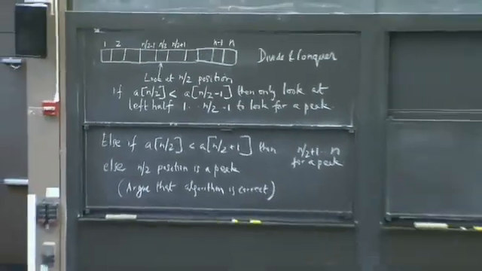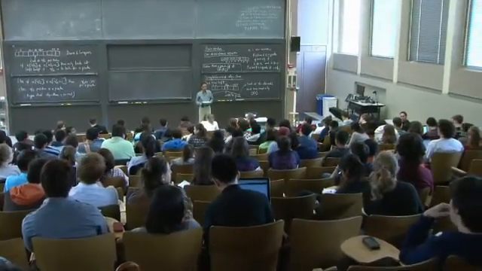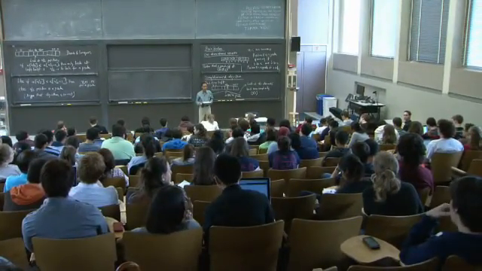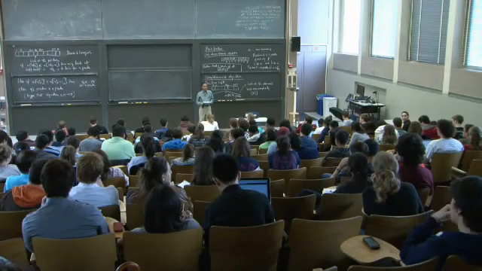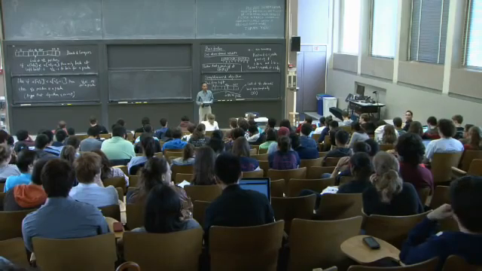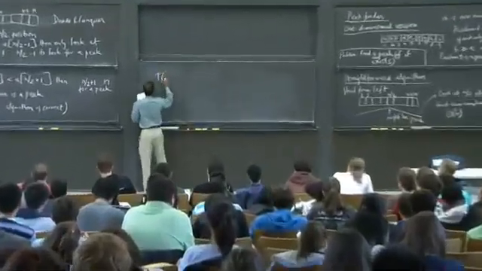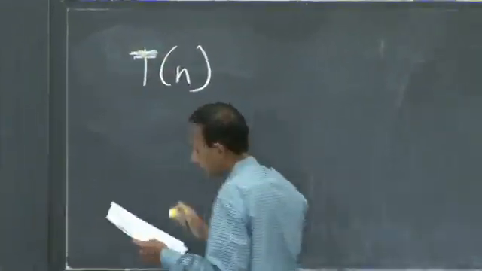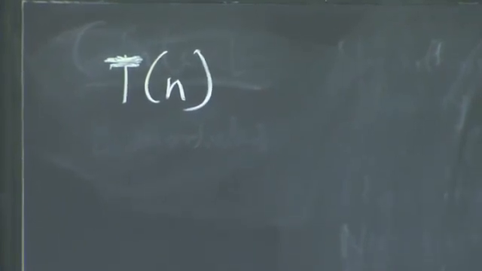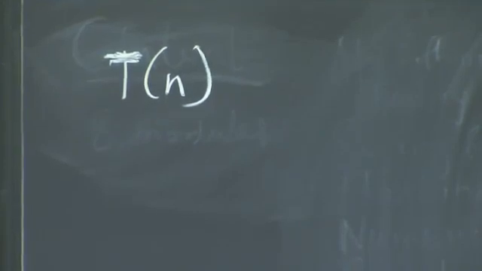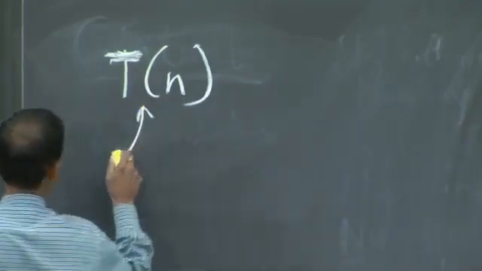So in the worst case scenario, T of n is going to be some constant amount of time it takes to investigate whether a certain element is a peak, plus T of n over 2. Great, exactly right. So if you look at this algorithm and you say, from a computation standpoint, can I write an equation corresponding to the execution of this algorithm? And you say T of n is the work that this algorithm does on an input of size n.